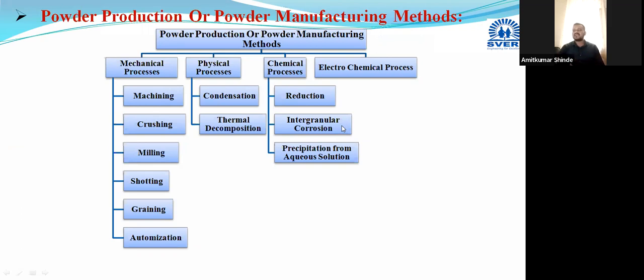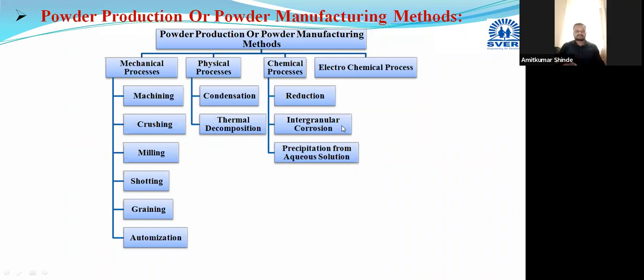This principle is used in intergranular corrosion. We use a controlled corrosive environment and corrode only the grain boundaries, so the grains are separated. For stainless steel, we corrode its grain boundaries and the stainless steel grains are separated.